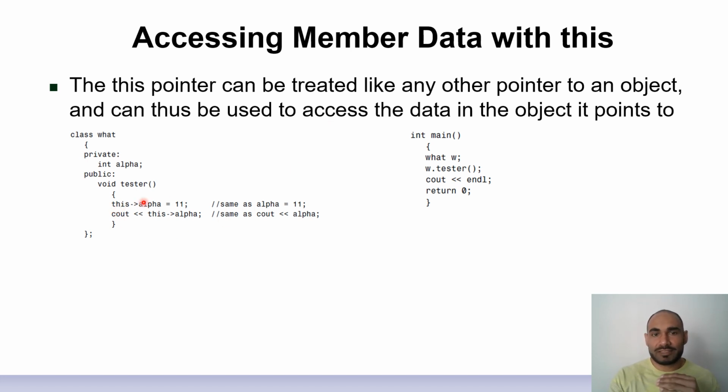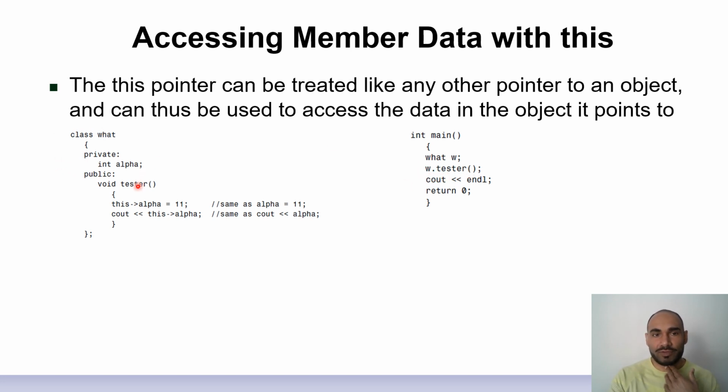So this statement is same as this statement, but some people prefer using it without this pointer, and some prefer it with this pointer. So here you can see we have an object w of where class, and on this we call the tester function.